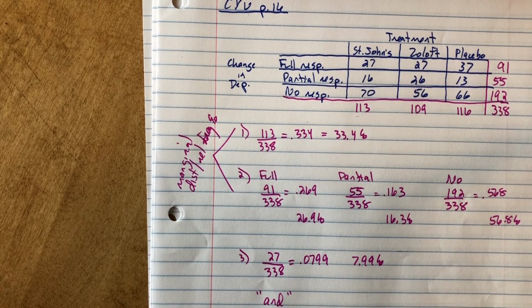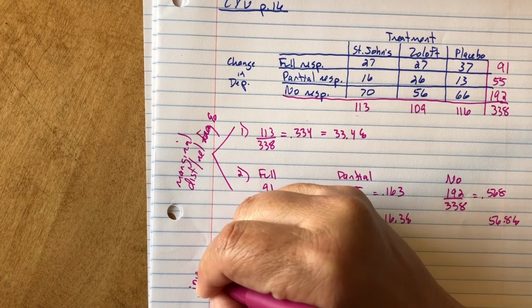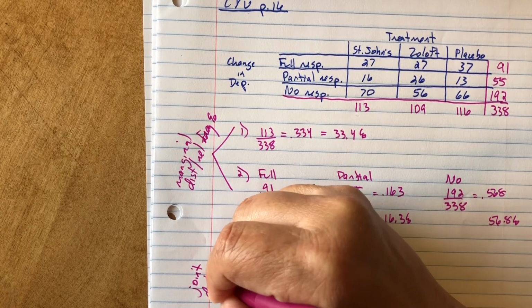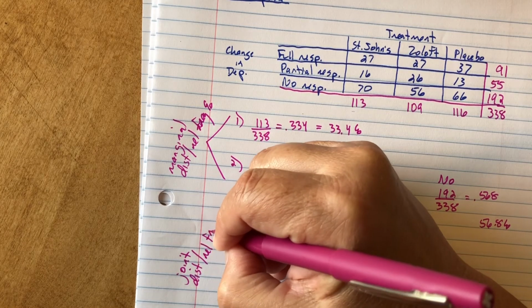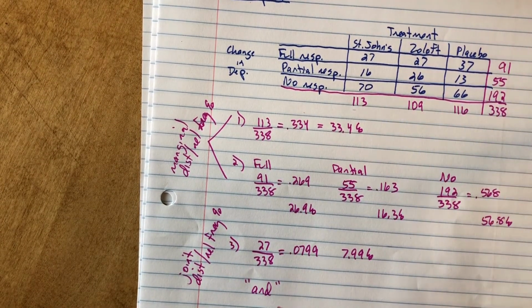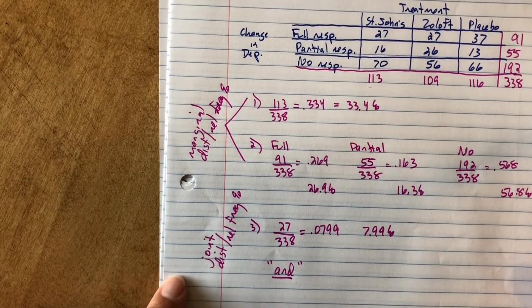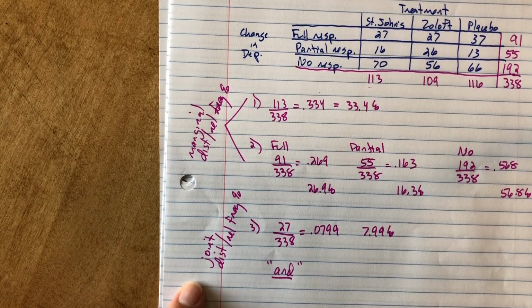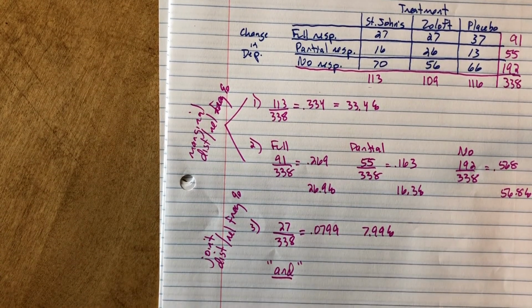That is called a joint distribution, okay? And of course, we turned it into a relative frequency, which is just a percentage, okay? So that word and was key to that joint distribution, okay? And we will see all of this later on when we do probability, okay?